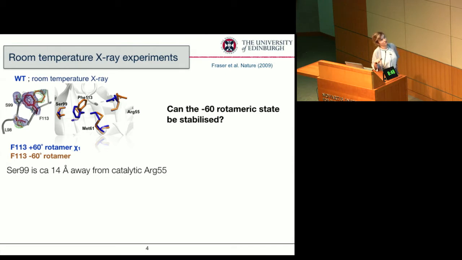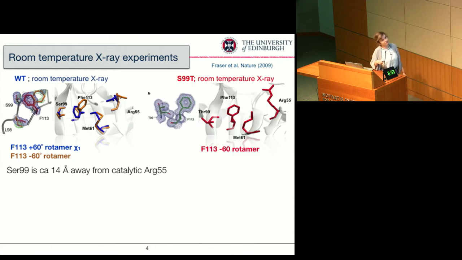They thought, if we design a mutant that pushes phenylalanine into the -60 conformation, what will happen to the catalysis? So they designed this S2T mutant, and indeed it only occupies the -60 rotameric state. It's quite interesting that this mutation is an allosteric site, because it is quite far away from the catalytic arginine 55.